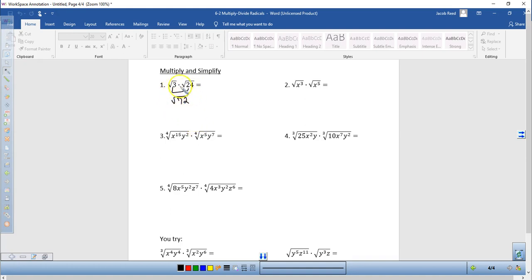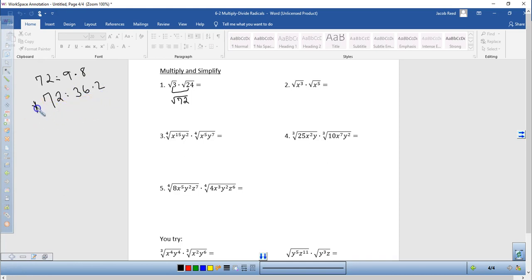And from this point we see, can we break this down? This is where that perfect square list comes into play. Well, I know off the bat that 9 goes into 72. But I also know that 72 is 36 times 2.